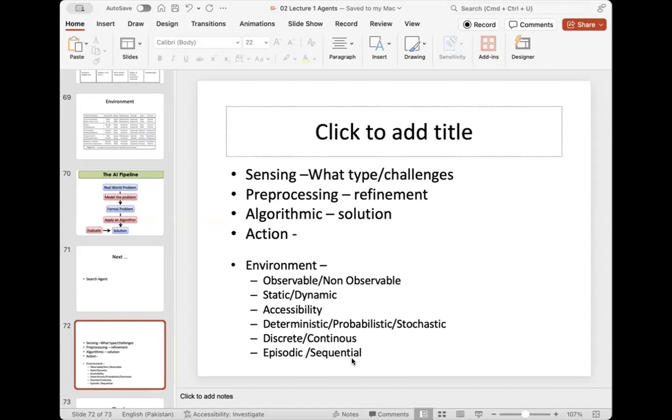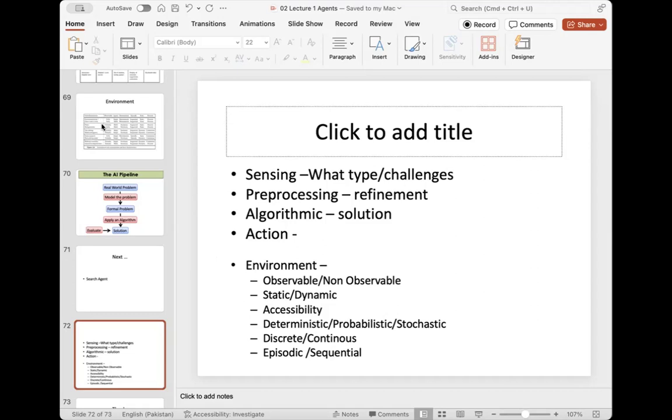Okay, so if the task is only to pick objects of color red, that becomes episodic. But if I am given a task that, okay, you have to pick the smallest first, and then you have to go to the next one, and then the next one, and then the next one, then that becomes sequential, right?